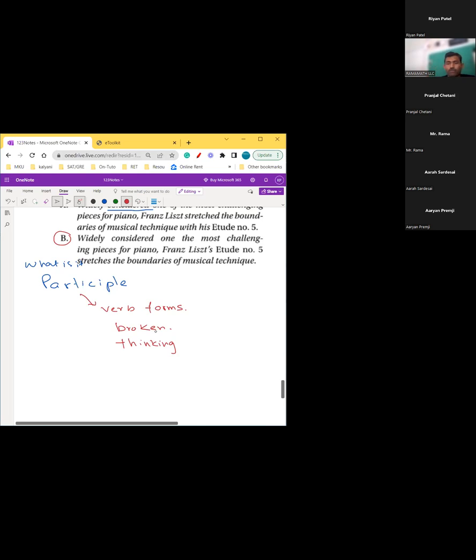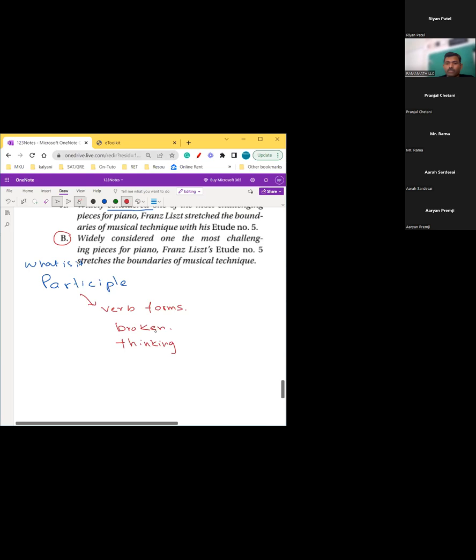They're only part of the verb, and that's the reason for the name participle. For example, "broken" and "thinking" are not verbs, but a part of verbs. So participles are forms of a verb, and they cannot stand by themselves as verbs. That is what participle means.